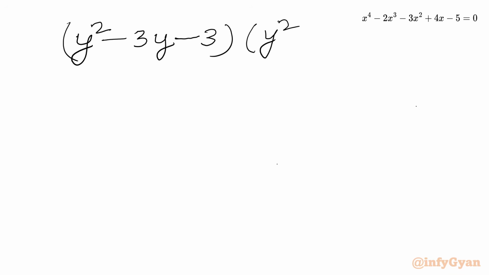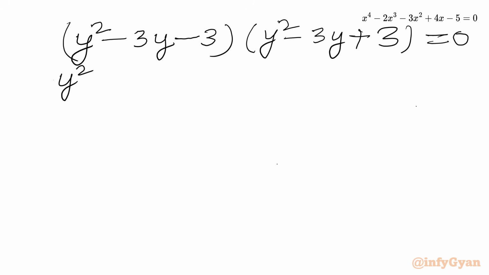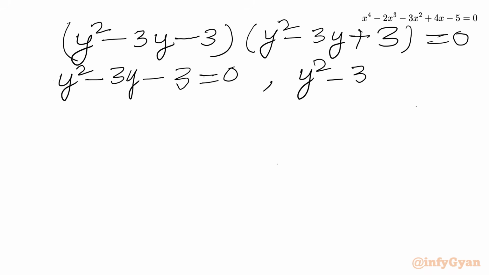So we have y square minus 3y minus 3 times y square minus 3y plus 3 equal to 0. Using the product 0 rule, we will get two quadratic equations: either y square minus 3y minus 3 equal to 0 or y square minus 3y plus 3 equal to 0.